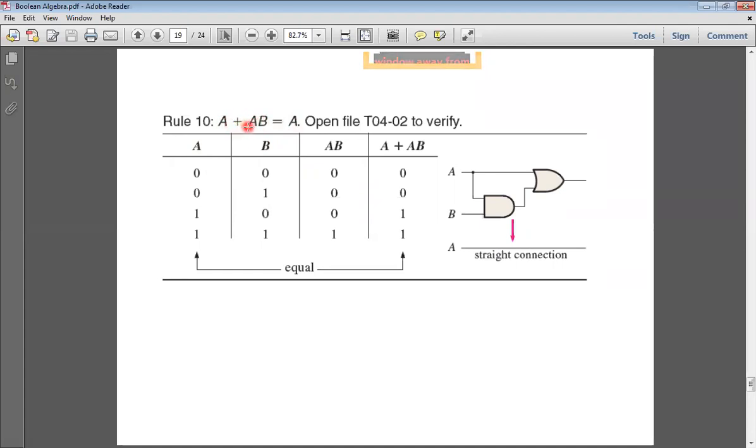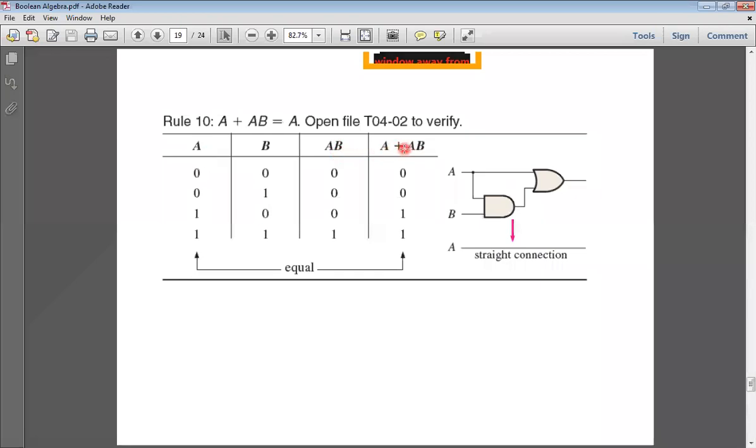Since we cannot calculate A plus AB all at once, we break this down to AB, and then that result is added with A. So calculate AB first and add this result with A, call it A plus AB. A, B are the inputs, and this is the intermediate term we have calculated.